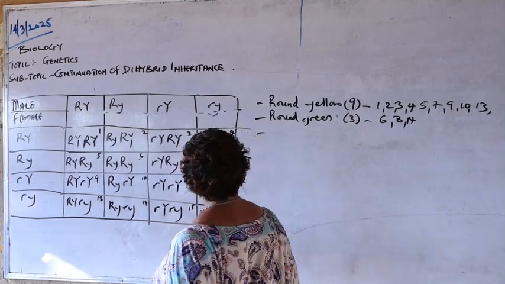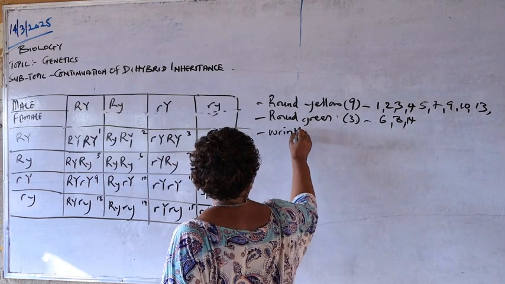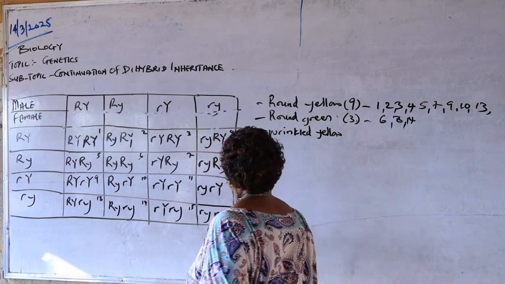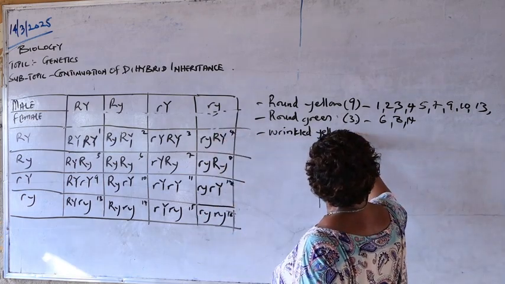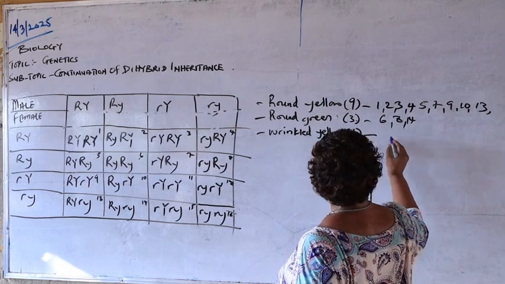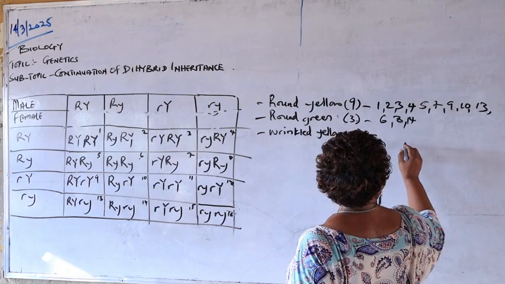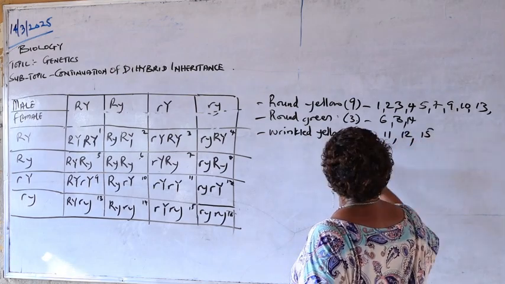Then the next one is wrinkled. What do we have? Wrinkled yellow. How many? 11 only, and 15. Yes, 11, 12, and 15, that is 3.